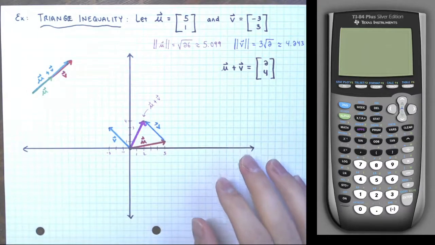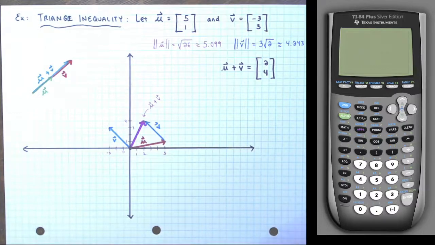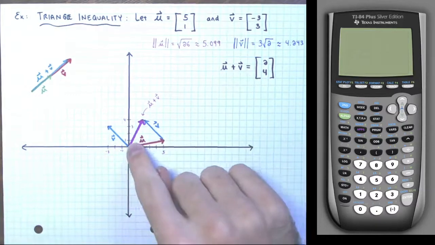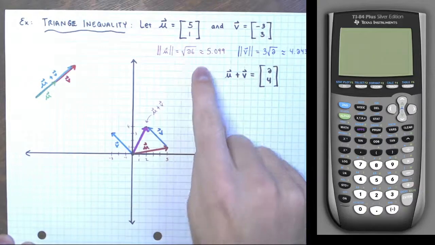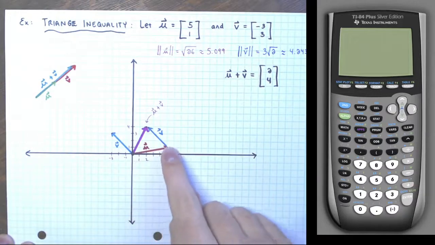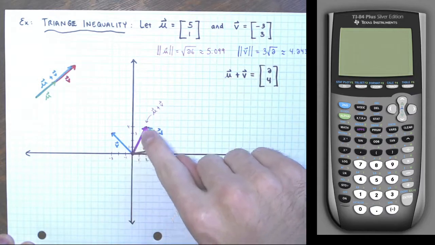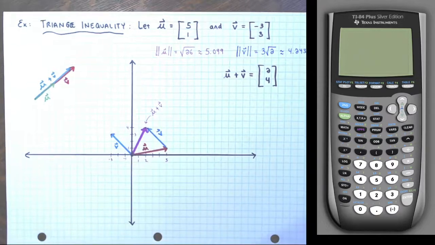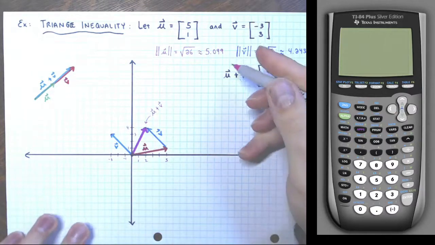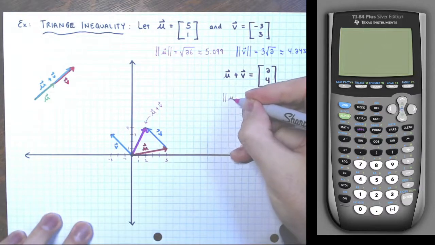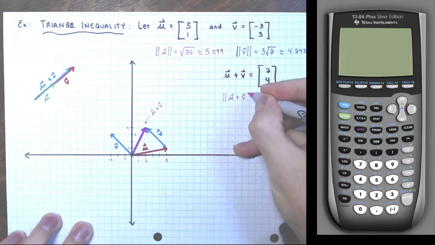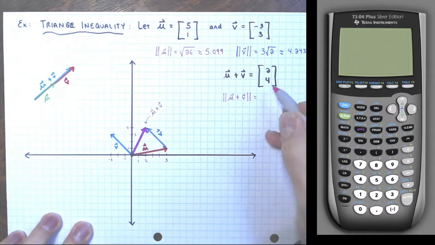Right, what is the norm of u plus v, this third side, right? Because I've got the length of one side, right, is about 5.099. The length of the other side is about 4.243. What's the length of this third side of the triangle here? All right. So what's the norm of u plus v? It would just be the square root of 2 squared plus 4 squared.